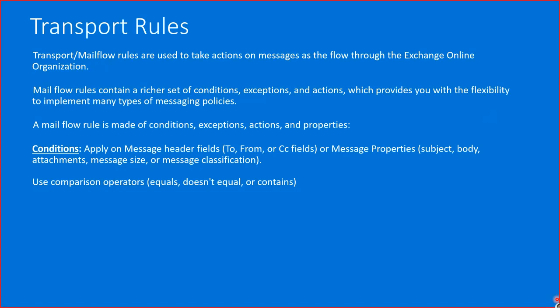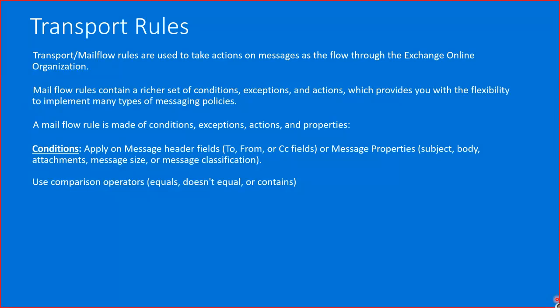Some conditions examine message headers. For example, you want to look at who sent the message, like the To field or From field, or who's CC'd on the message. Other conditions examine message properties, such as message body, the subject, the message size, whether the message has an attachment or not. So these are different conditions that we can look at.